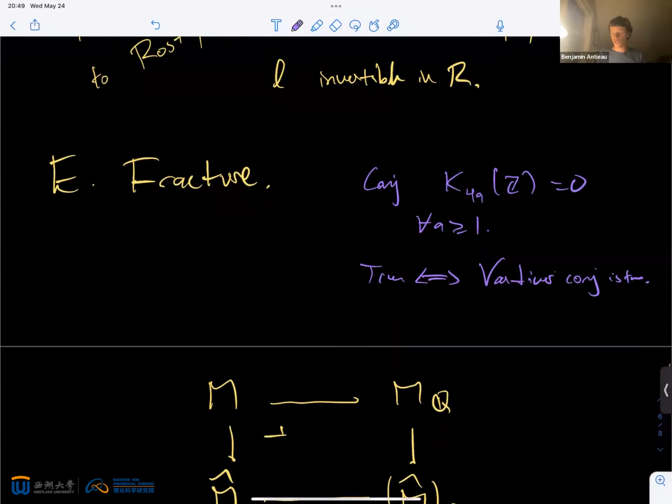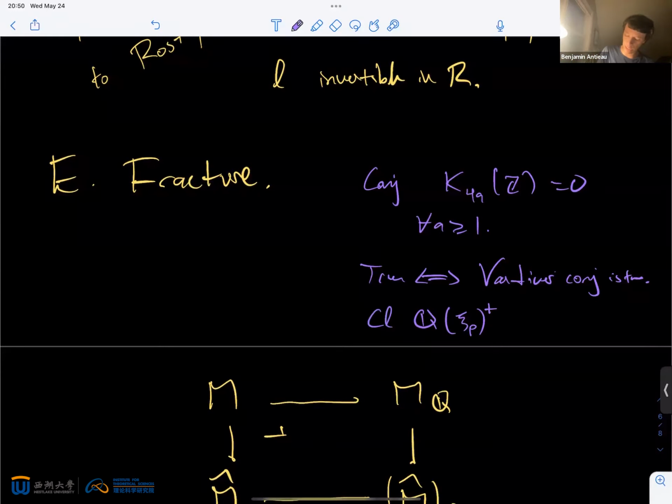Vandiver's conjecture says that you take Q, you adjoin a primitive p-th root of unity, and then you take plus. This plus means you take the maximal real subfield. So this field contains a largest field which can be embedded in the real numbers.